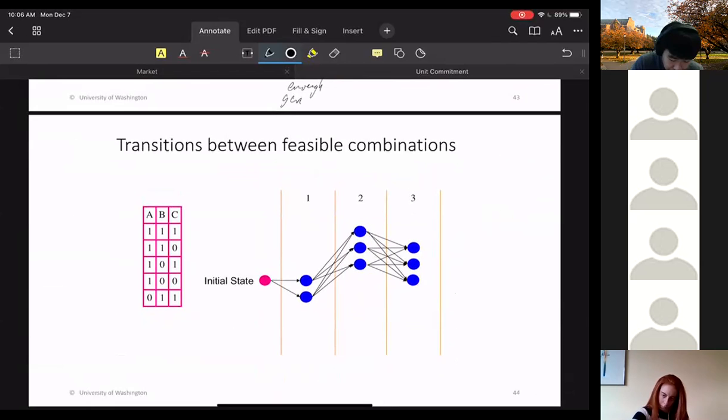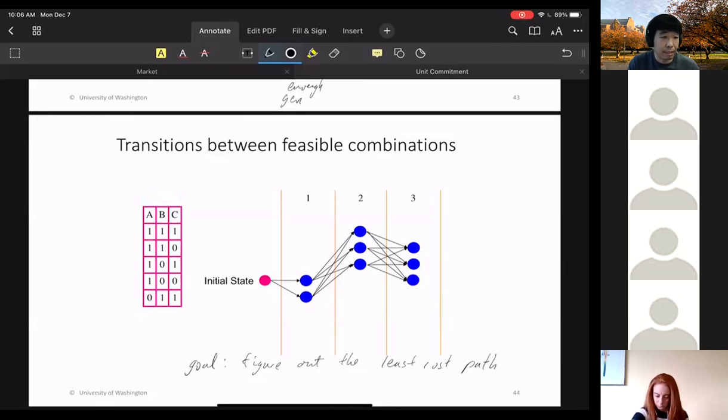Right, so our goal is to find the least cost path. Okay? Our goal is to figure this out. So we're going from the initial state to the right. We want to figure out the optimal solution for hour 1, hour 2, hour 3.